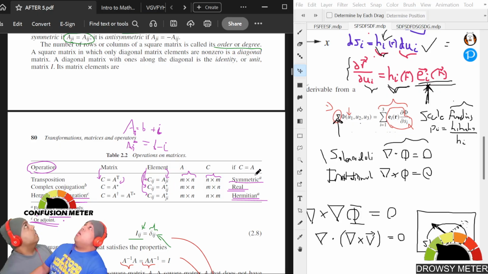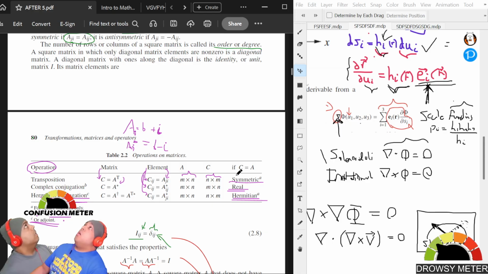So it needs to be both symmetric and real. Hermitian means symmetric and real. Is that correct to say? Is that a correct conclusion?